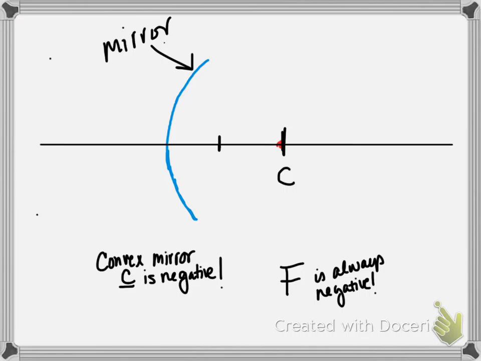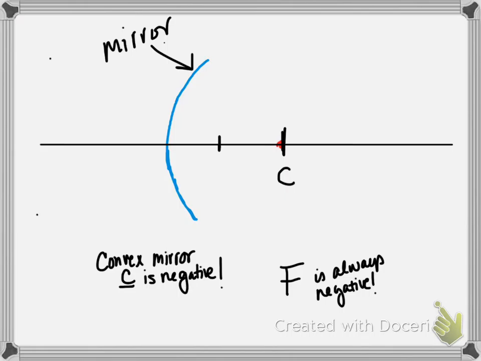What about a convex mirror? Can you put an object at the focal point? No. So convex mirrors always form an image, and that's a critical difference. In a concave mirror there's a point where the image magically disappears. That doesn't happen with a convex mirror. It's always going to form an image.